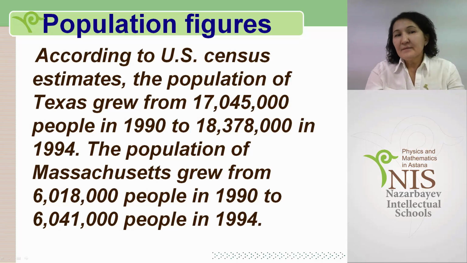Look at this description, please. If we talk about figures and read this text, what do you feel after reading this text? Look, read please. According to US Census estimates, the population of Texas grew from 17 million 45,000 people in 1990 to 18,378,000 in 1994.